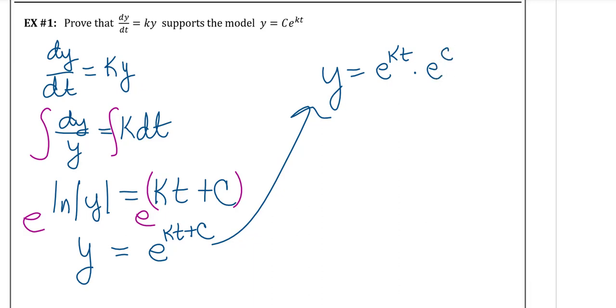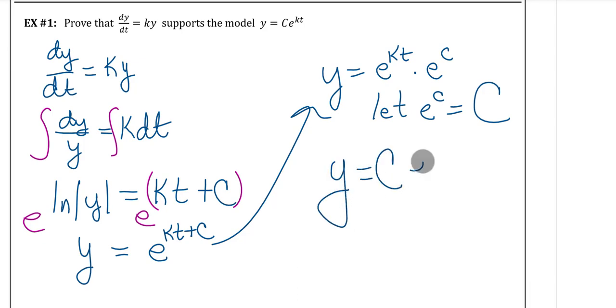And I am going to let e to the c equal capital C. So my differential equation solution becomes capital C times e to the kt. And that's what I was implying on that last example from number 1, that's what we have here.